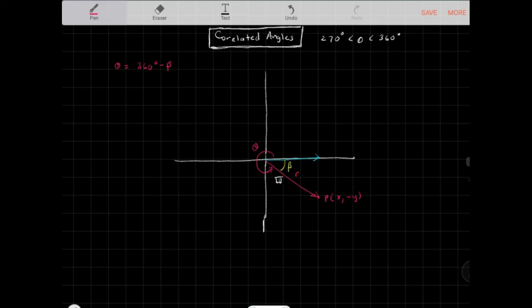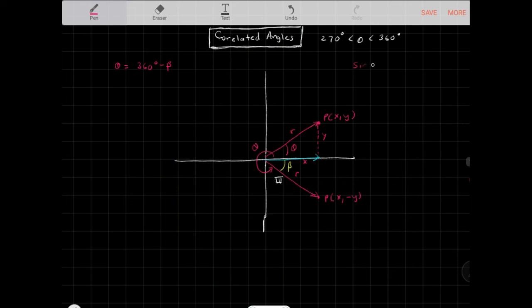And now in this case, we can understand that if we looked at our first quadrant, if theta was in our first quadrant, this would have a point x and y. So this would be y, this would be x, this would be r, right?